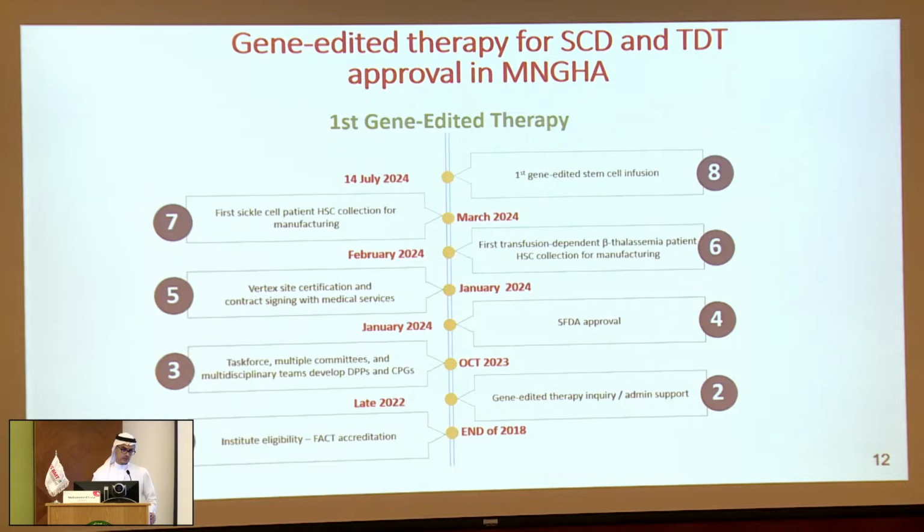So as soon as we were almost there, we knew that it was going to be approved by the Saudi FDA sooner or later.